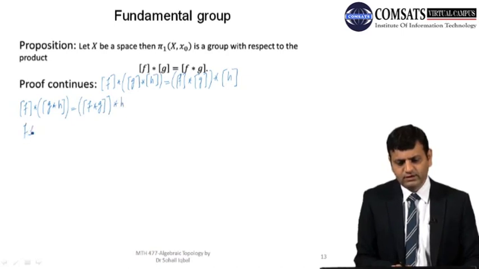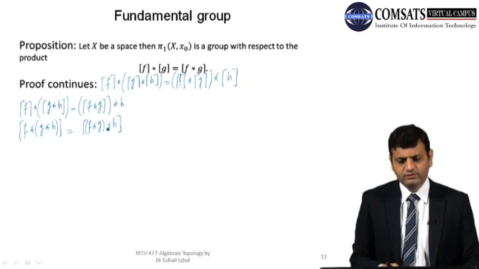So basically this is equal to [(f*g)*h]. And we want to show that this is equal to [f*(g*h)]. So that's what we have to show.